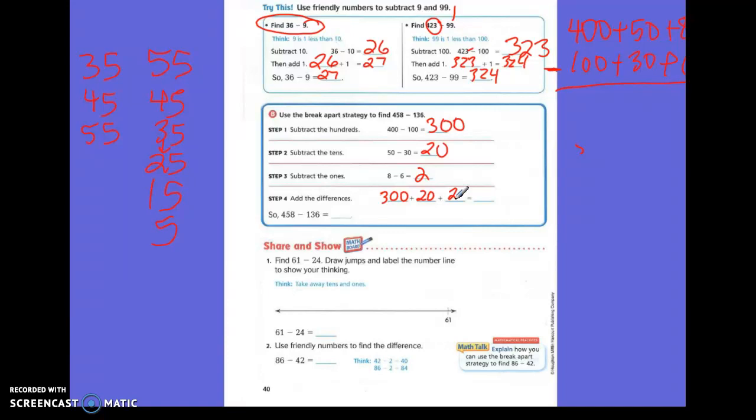You're not adding the 2 yet. I asked for 300 plus 20, which is 320, and then add the 2 is 322. So 458 minus 136 is 322.